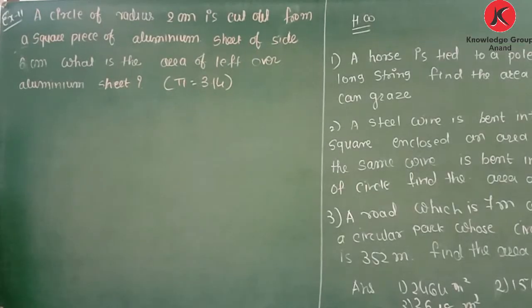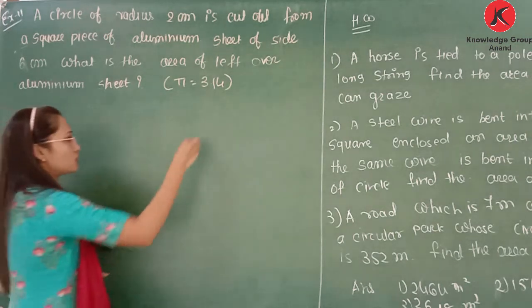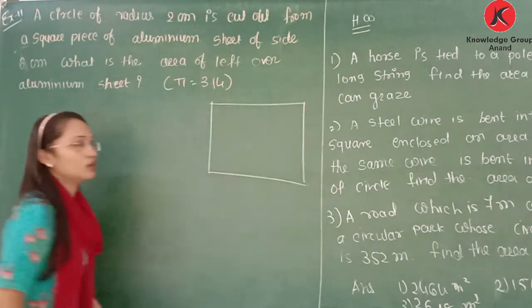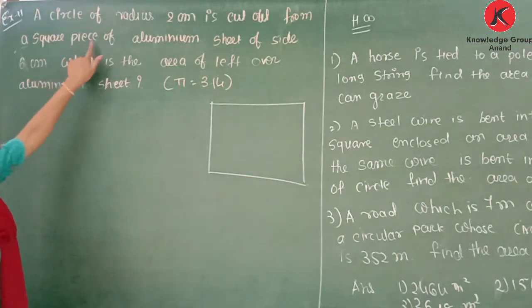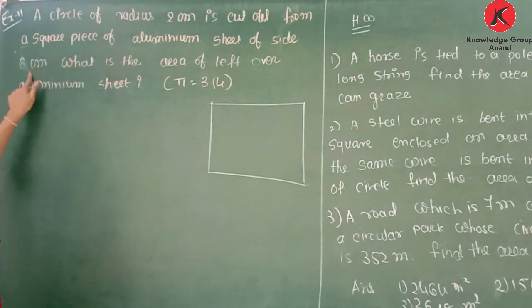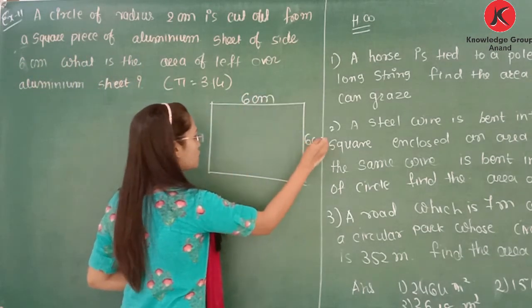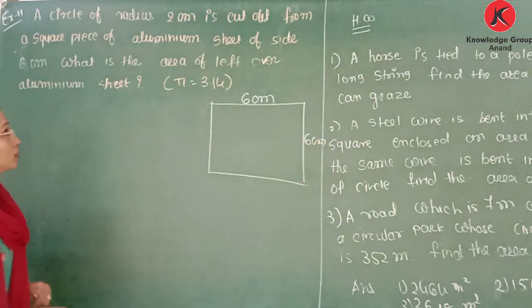Now example 11. A circle of radius 2 cm is cut out from the square piece of aluminium sheet of size 6 cm. What is the area left over the aluminium sheet? What is the question? Here one square piece of aluminium sheet of size 6 cm is there. So this size is 6 cm. It is better to draw a figure so you will understand the question.